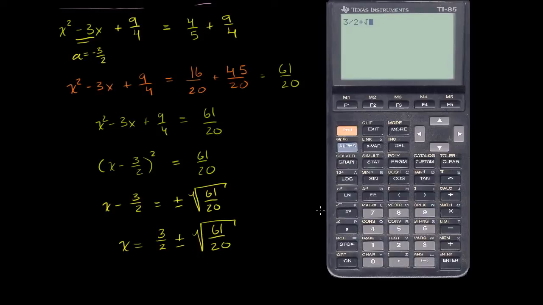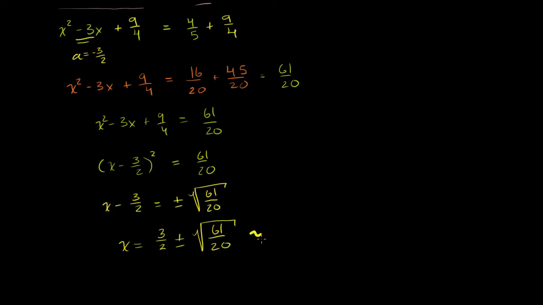So the square root of 61 divided by 20, which is 3.2464. I'll just write 3.246. So this is approximately equal to 3.246. That was just the positive version.